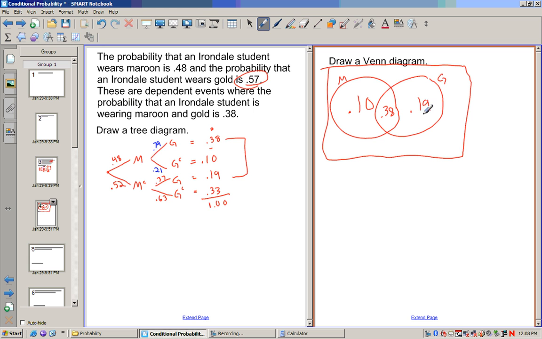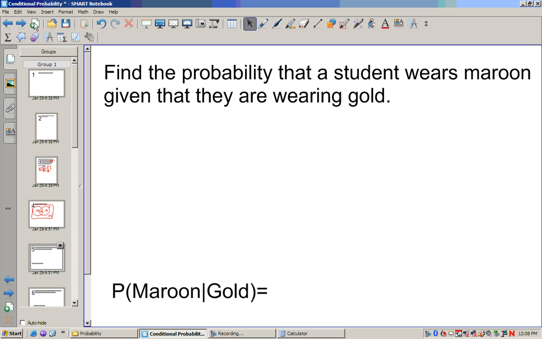If I add these up and subtract from 1, I should get 0.33. Notice how these give you all of the answers that are over here, but we do it in a Venn diagram, which I think is a little bit easier than a tree diagram. But some people just love the tree diagram, so if you love it and it works great for you, go right ahead and use it.